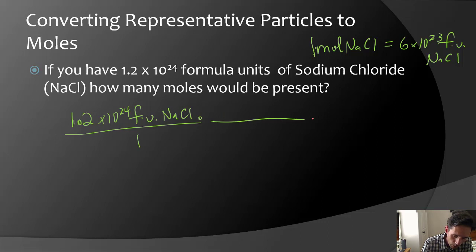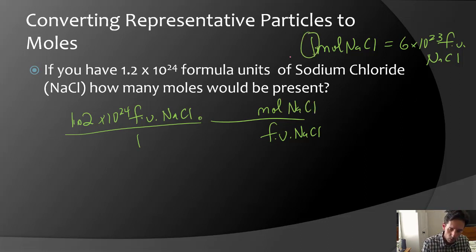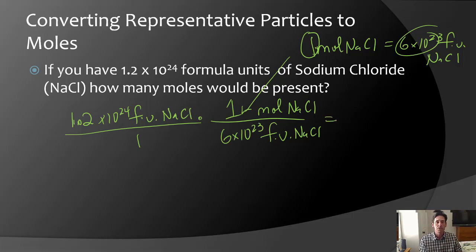We're going to put the unit that we want to get rid of, formula units of NaCl, in the denominator, and the unit we want, moles of NaCl, at the top. 1 mole goes here. The 6 times 10 to the 23rd goes down here. And you're going to look at it and go, oh my gosh, these numbers are crazy. I've never dealt with the times 10 powers.